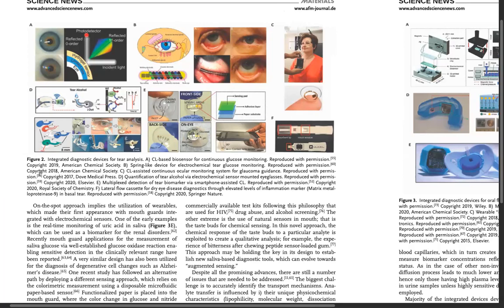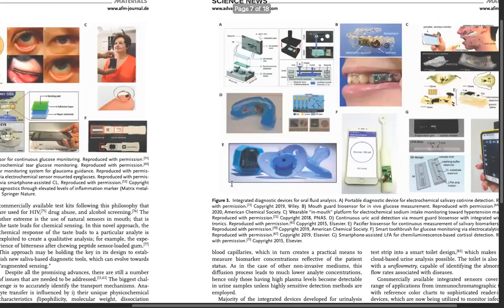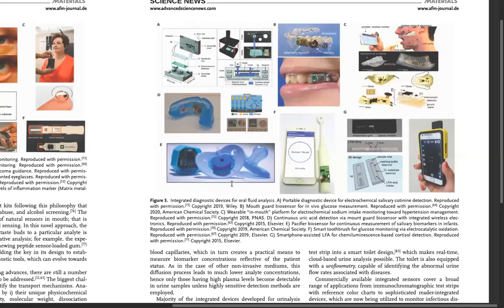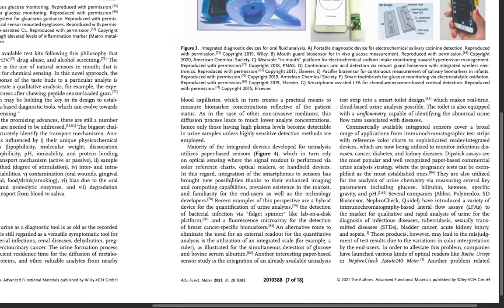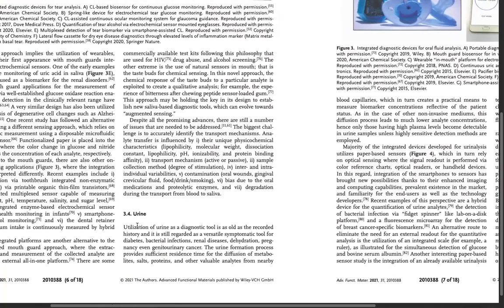This one, previously it was for sweat, so now it's for tears. What are the devices that can be used for sampling tears? Again, reproduced with permission. And this one is for oral fluid analysis, saliva. You can see that these are all small devices, and below are the stories. Urine is also considered.